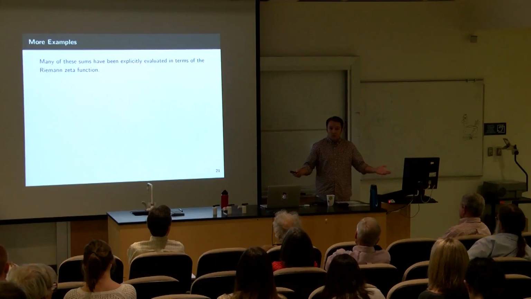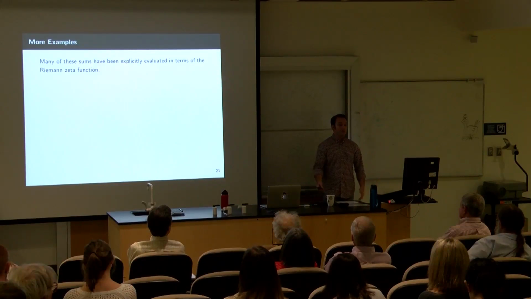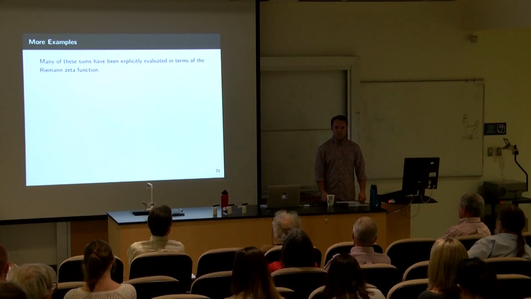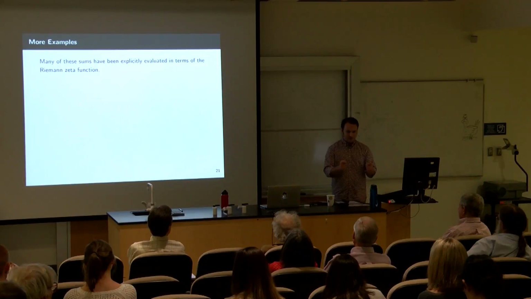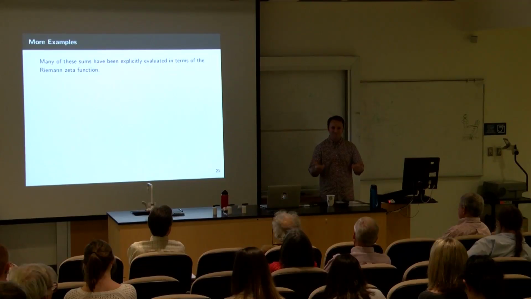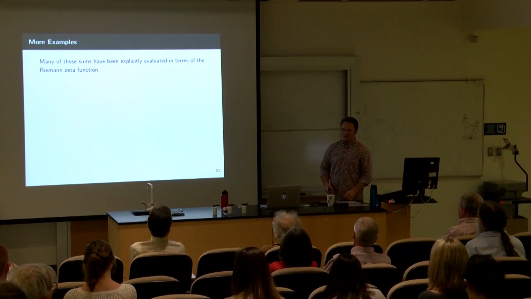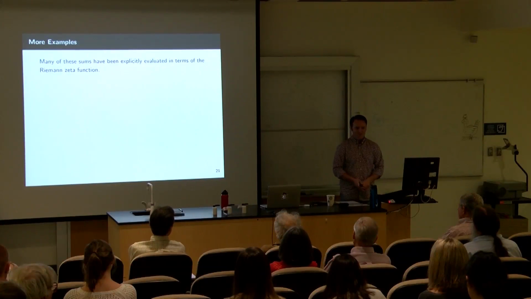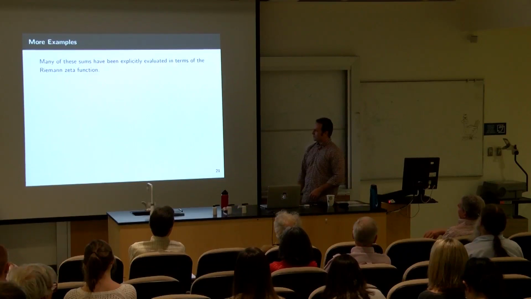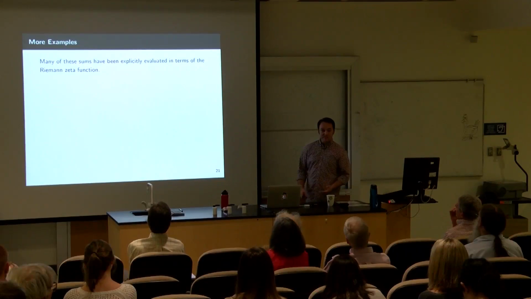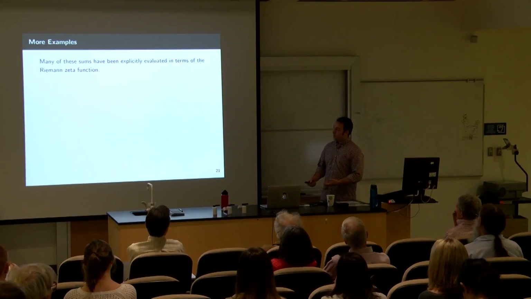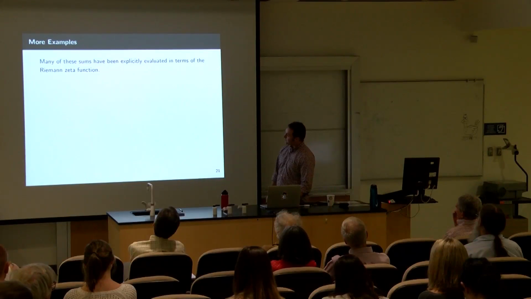I don't know what their workflow is, but you can imagine it might be to compute a bunch of examples to 100 decimal places and then look really hard at all these numbers and see if you recognize any of them. I'm sure if you do that long enough, you'll recognize, hey, that's zeta of 3, or that's log of 2. But they really inspired people to look for more examples.